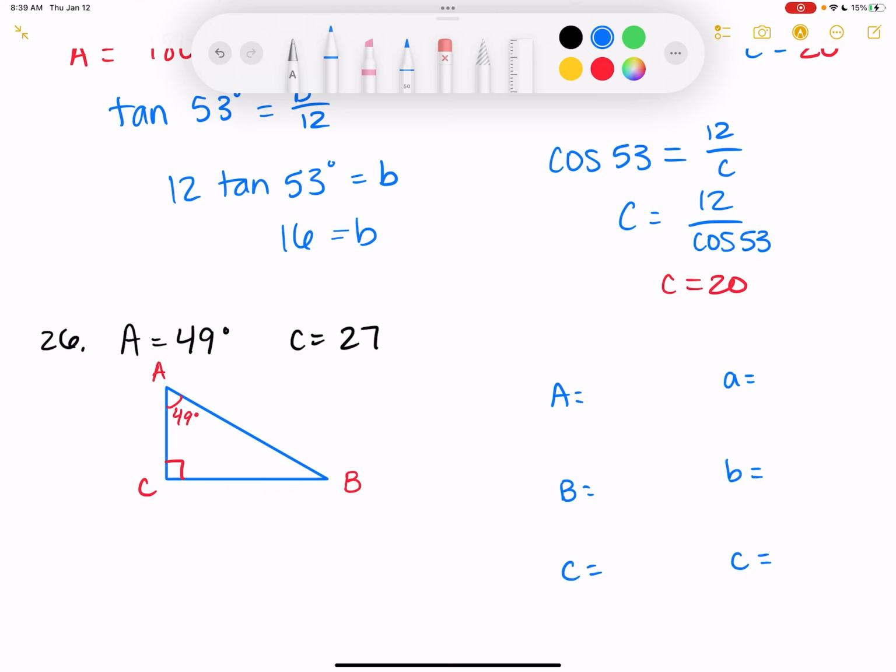So I knew 49 degrees for A and 27 for C. I also know that angle C is 90 degrees. So then B must be what? 41 degrees.